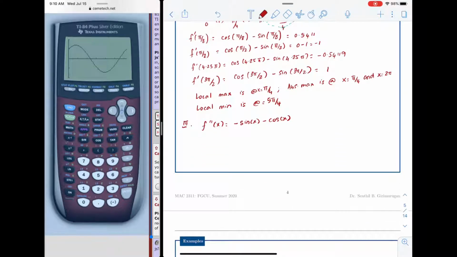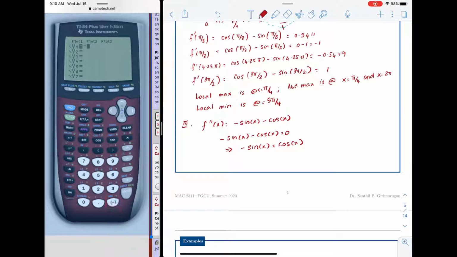So we would like to have minus sine x minus cosine x equal to 0, which would imply minus sine x equals plus cosine x. So we want to know when cosine x, the positive value, equals negative sine x. So let's see where that would happen.